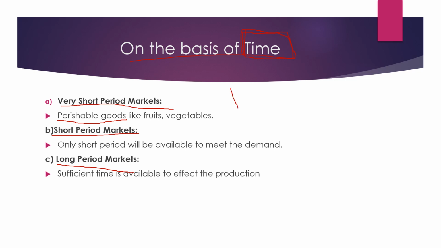The demand for a particular good depends upon its timing. According to the demand, we'll be having supply and promotions also, which depend upon the timing and the pricing of a particular product.